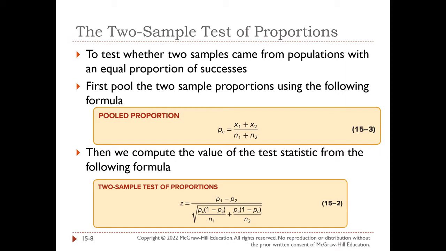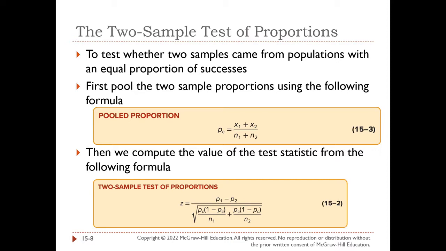We're going to take our x1 plus x2. Again, these are the number of successes in each one. We add them, and then add n1 plus n2, which gives the number of observations. Then we compute the value of the test statistic from the following formula.